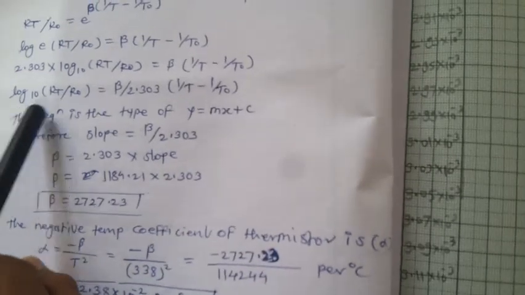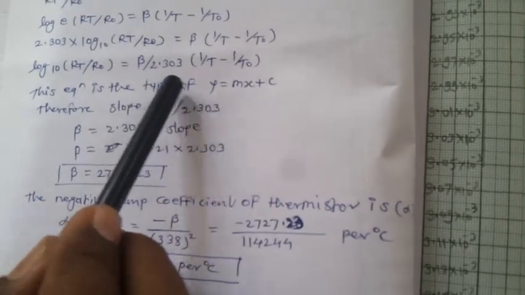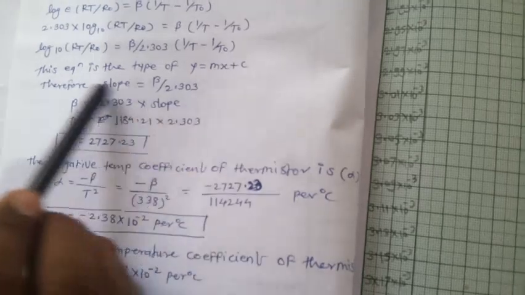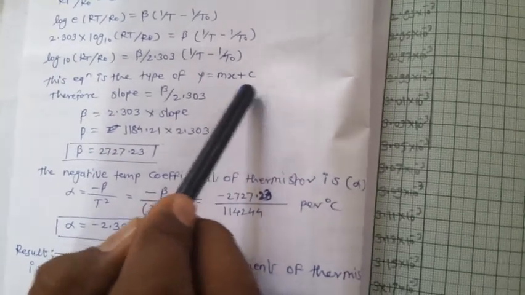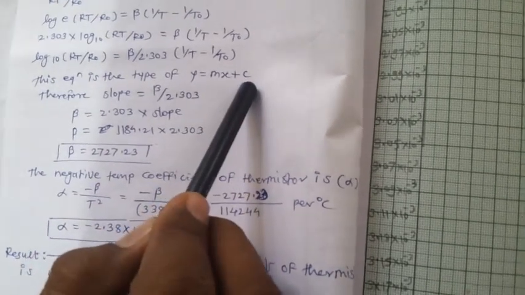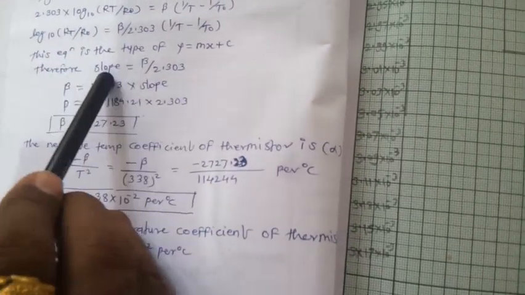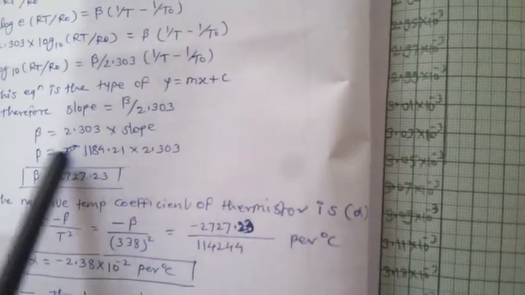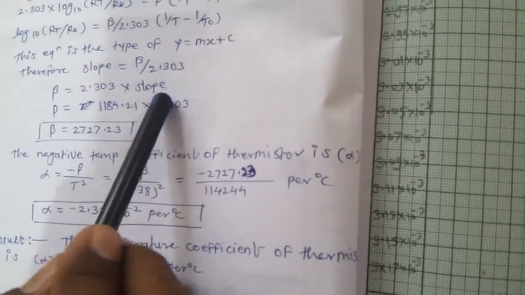So log to the base 10 of RT upon R0 is equal to beta upon 2.303 into bracket 1 upon T minus 1 upon T0. This equation is of the type y equal to mx plus c, the equation of a straight line. Therefore, the slope is equal to beta upon 2.303, so beta is equal to 2.303 into slope.